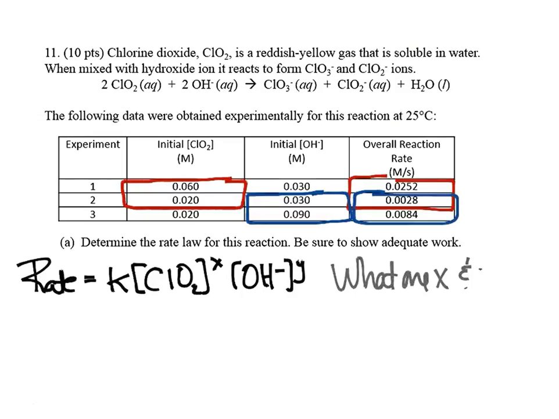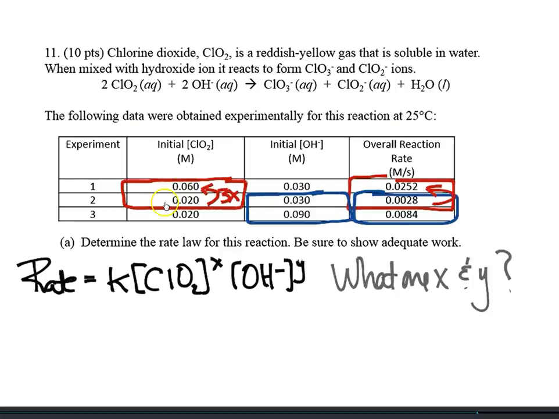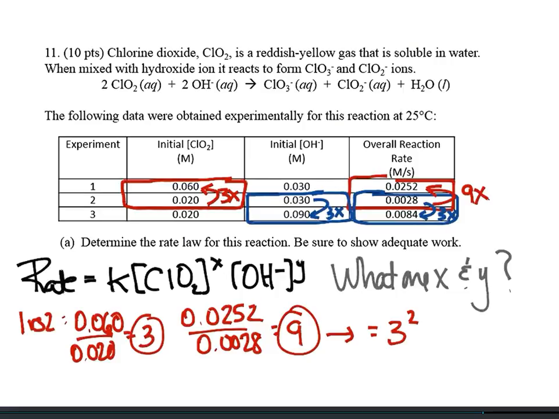We're trying to figure out what x and y are. If you compare experiment 2 to experiment 1, we're basically tripling the concentration of chlorine dioxide, and if you look at the effect on the rate, it is 9-fold higher. And then if you look at the concentration of hydroxide between experiments 2 and 3, we are also tripling that, and that triples the rate, if you look at the observed effect on the rate.